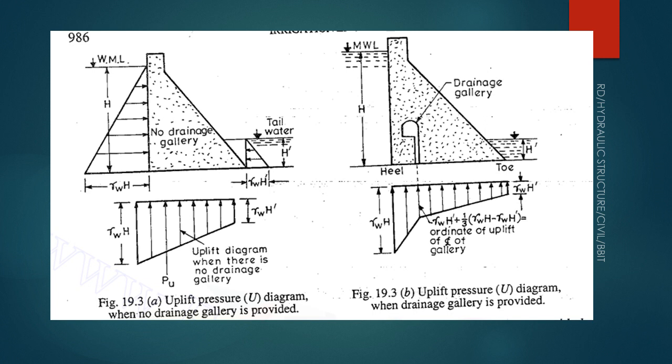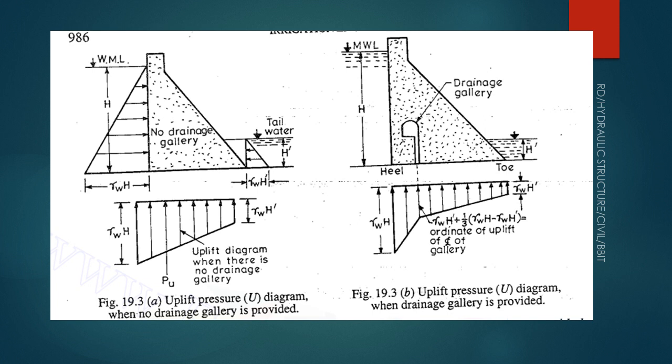Now we only have to calculate this length. This neglected part, if we calculate it, then we can easily find that length. Here that height can be represented as gamma W H minus gamma W H dash.